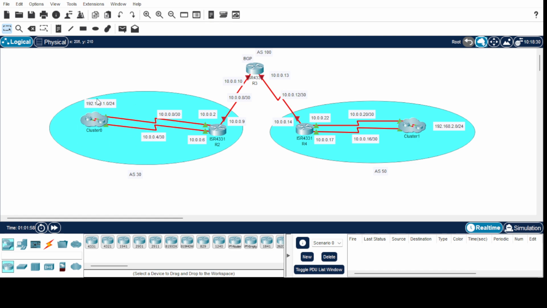Now the internal routing within the particular ASN is successful, as I have let the internal routing know each other, but still they can't communicate outside of their ASN because the BGP routing protocol, which is used to communicate between two different ASNs, is still not yet configured. So pinging from cluster 0 to cluster 1 or cluster 1 to cluster 0 won't work, but still let's try.